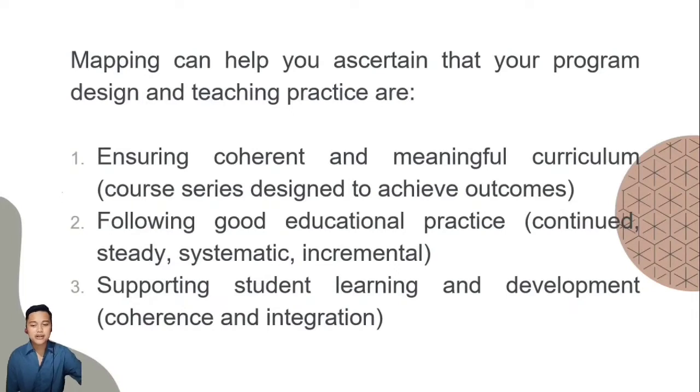First is ensuring a coherent and meaningful curriculum: course series designed to achieve outcomes, following good educational practice, continued, steady, systematic, and incremental. Third, supporting student learning and development, so coherence and integration.